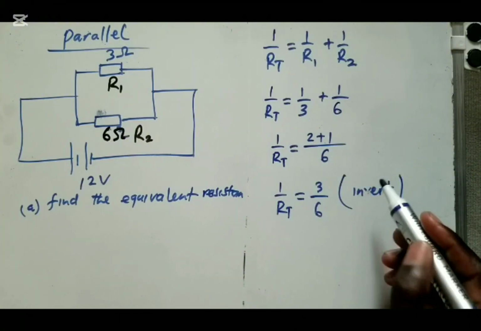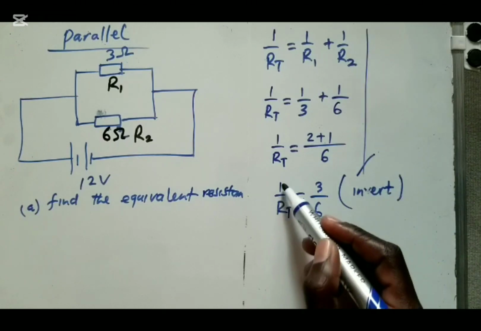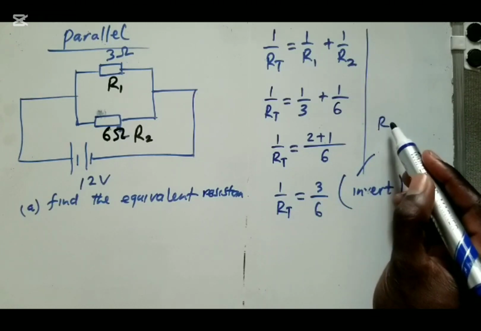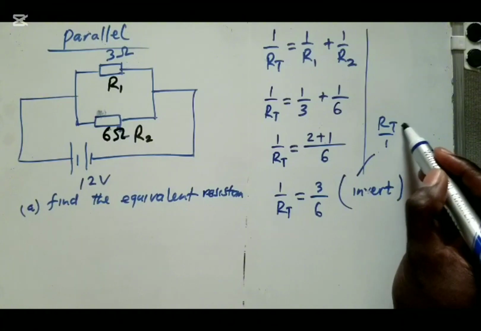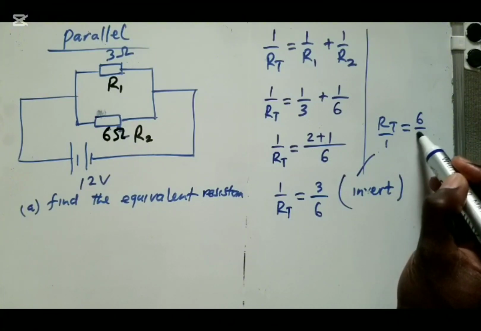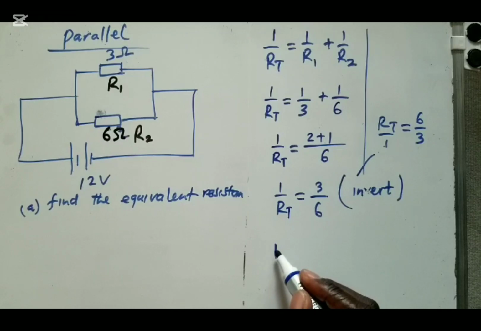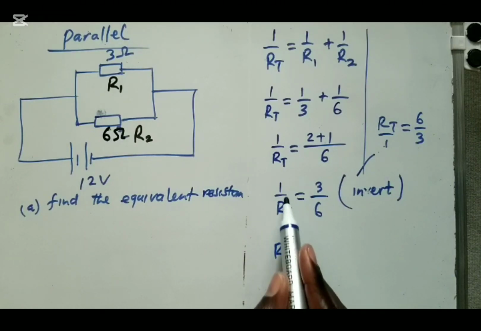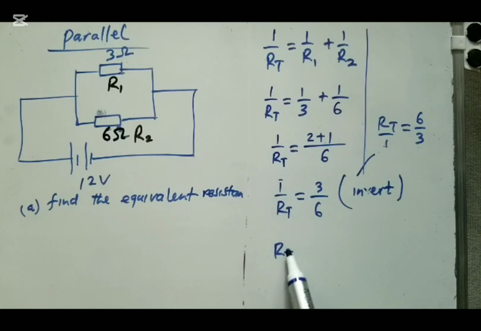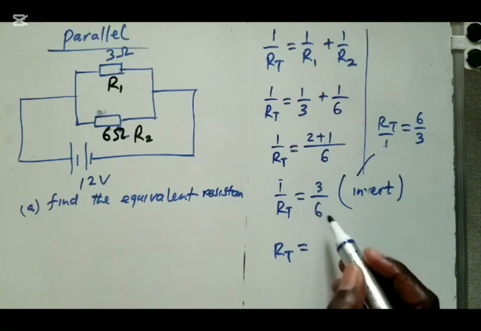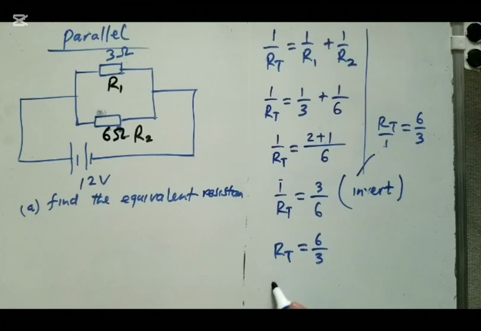When I invert this, I will have R total over 1, and the 6 goes on top, the 3 comes down. 1 into R total will still give you R total. So R total will be equal to 2 ohms. That's the way you can find it.